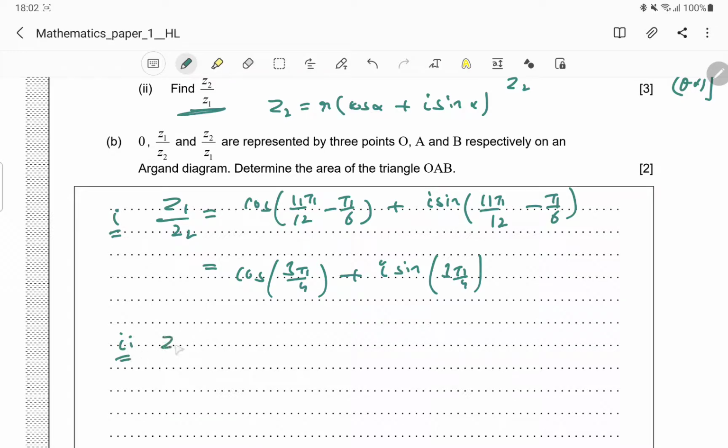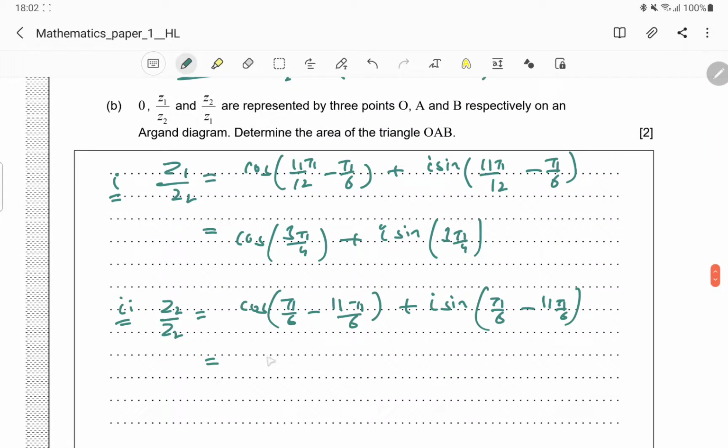Now we need to find z2 over z1. For z2 over z1, we need to subtract: pi by 6 minus 11 pi by 6, so this will be cos of minus 3 pi by 4 plus i sin of minus 3 pi by 4.